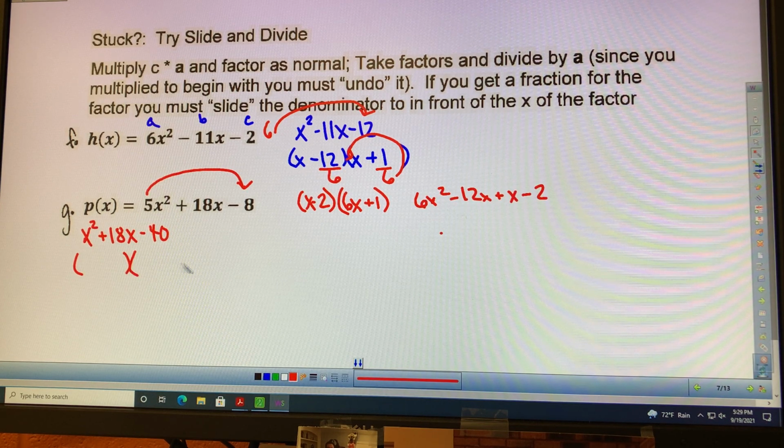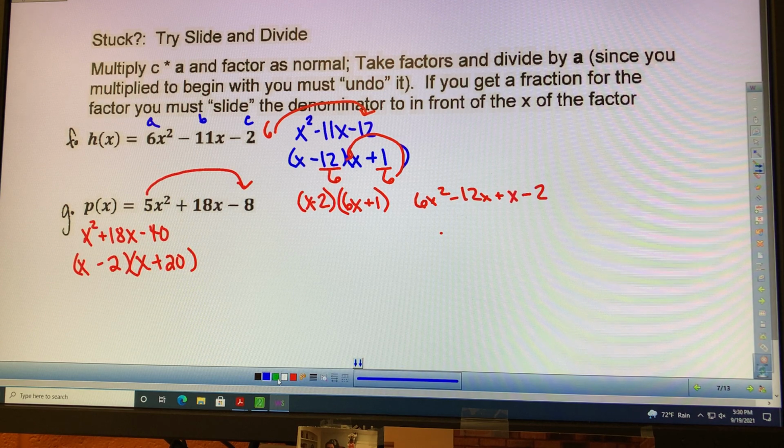So factors of 40, 20 and 2, that's a good combination to give me 18. Let's see what needs to be positive. The 20 needs to be positive, and the 2 needs to be negative because that gives me negative 40. Negative 2x, positive 20x gives me 18x.